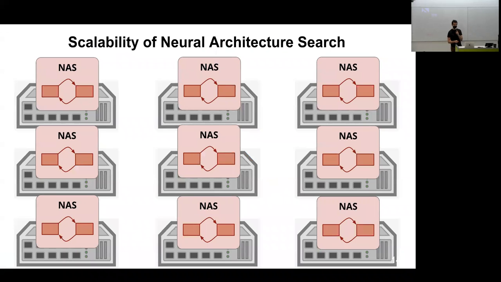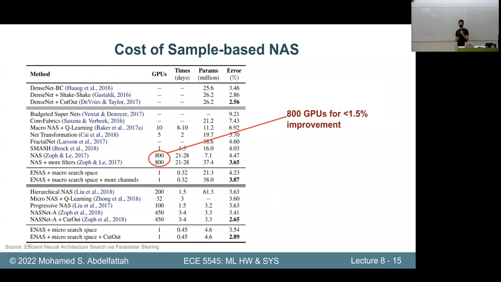Okay, so far this is what it looks like. You have hundreds of servers, and we're running neural architecture search on each one, and one of the servers synchronizes the result and updates a controller or the search algorithm and so on. People have thought about how to implement those algorithms in parallel as well.